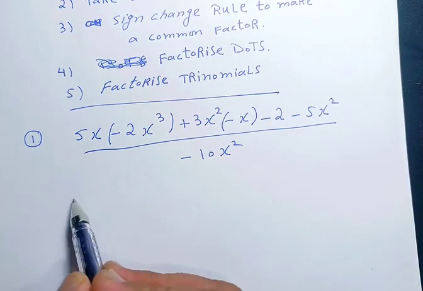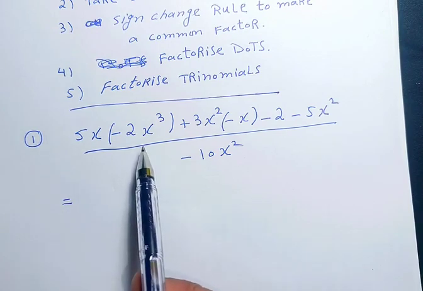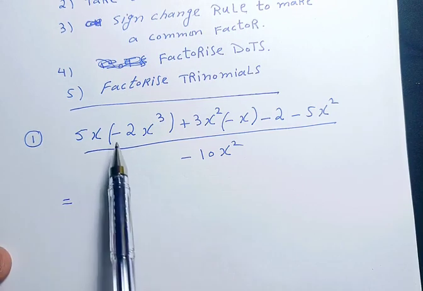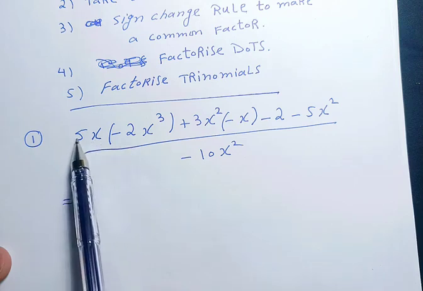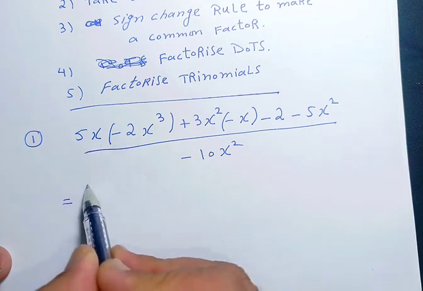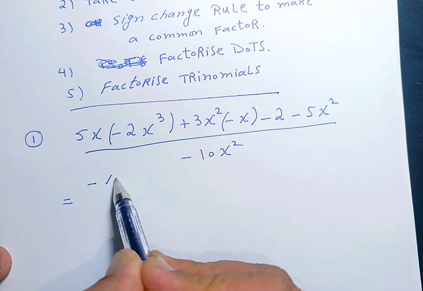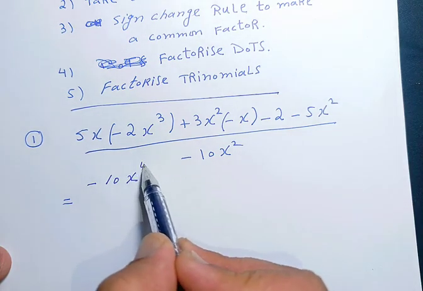Remember, before I solve this expression, I have to solve the bracket first. That's the rule of the expression. And 5x multiply negative 2, positive and negative become negative, and 5 times 2 is going to be 10 and going to be x power 4.